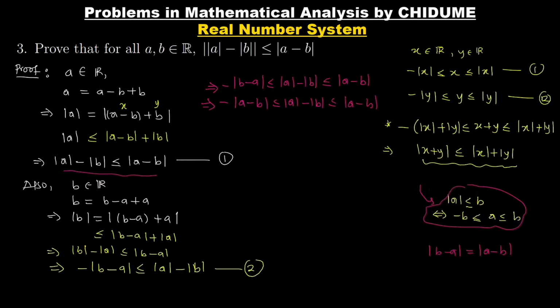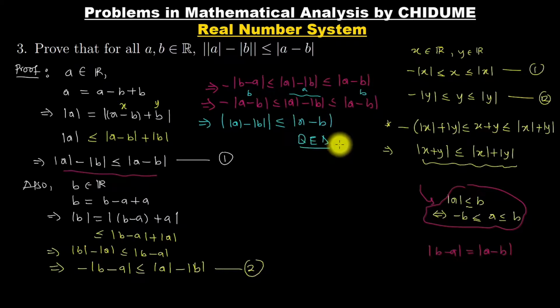So let's say all this term here is representing our a, and this is our b. We can write the absolute value of what is in the middle, the absolute value of A minus the absolute value of B, is less than or equal to our b, which is the absolute value of A minus B. Quite easily done. So we are done with the proof.